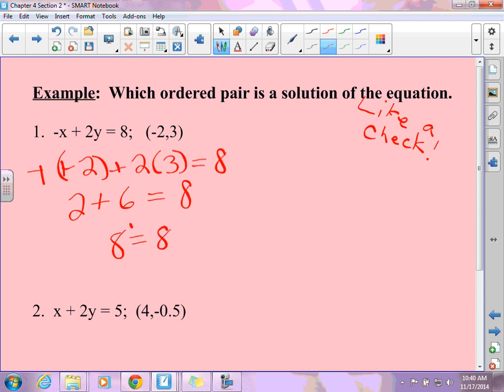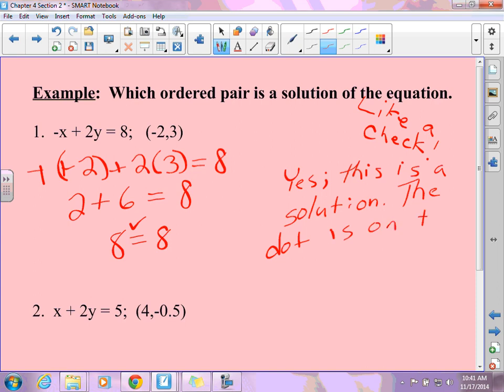And it's a check. So yes, this is a solution. The dot is on the line. So it looked like this when I graph it.